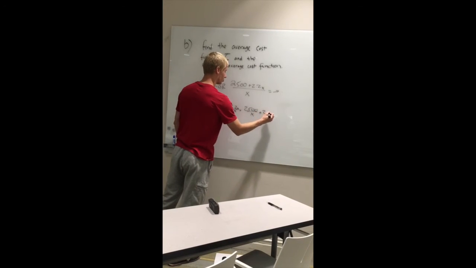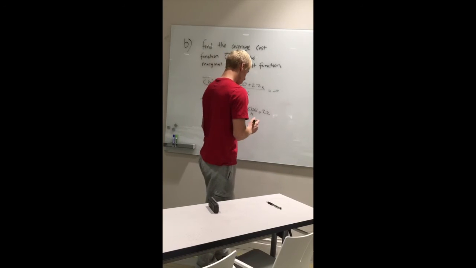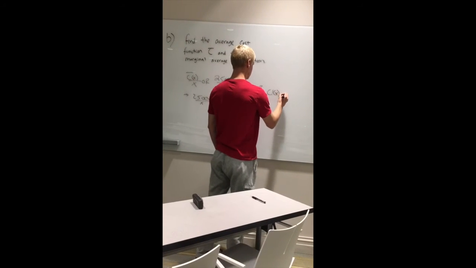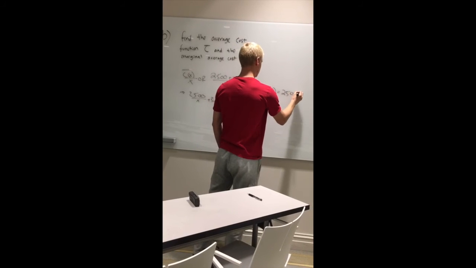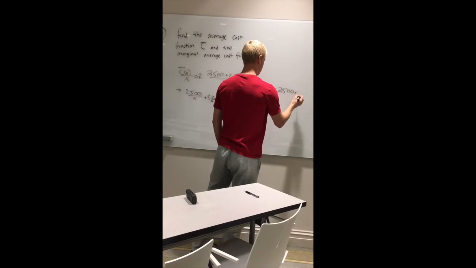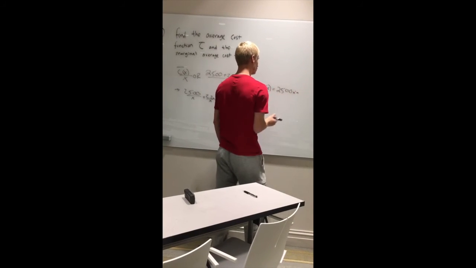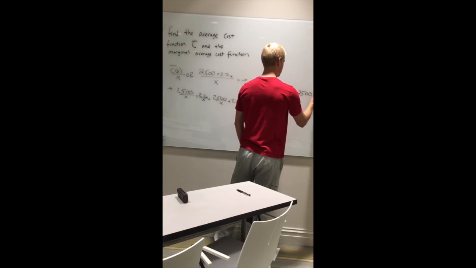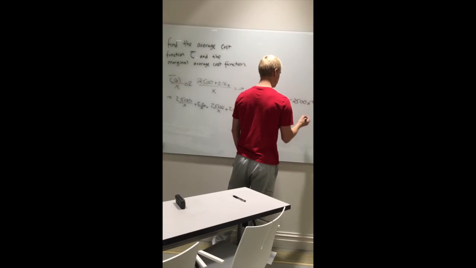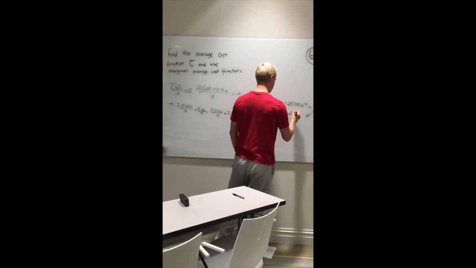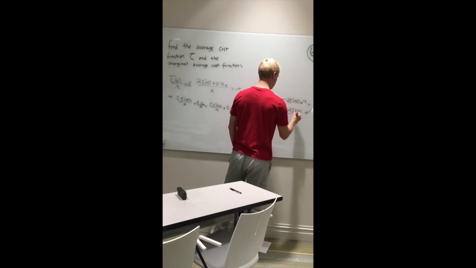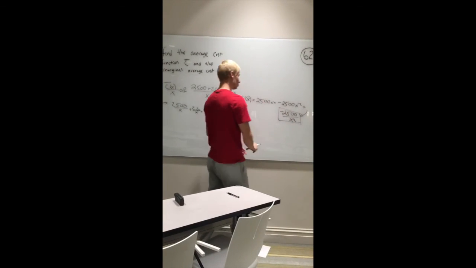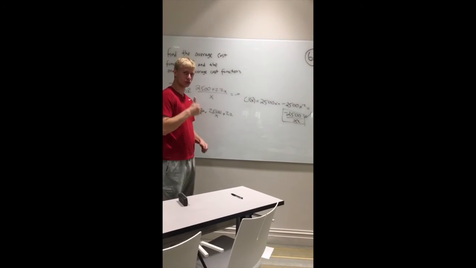So that is our official average cost function. And if we look back, then we'll find that the marginal average cost function is actually just taking the derivative of that average cost function. So when we take the derivative of 2,500 over x plus 2.2, then we find that it is negative 2,500 over x squared.